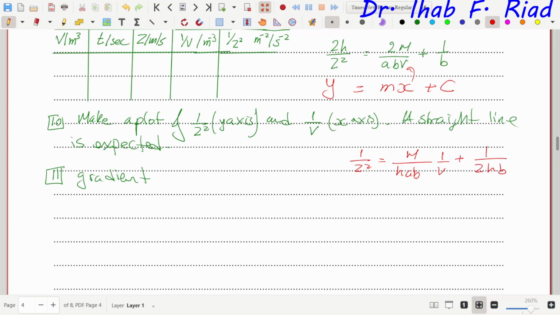Now this looks exactly like an equation of a straight line. Okay, gradient is m over hab. This is the gradient. Intercept, what is the intercept? This is the intercept.